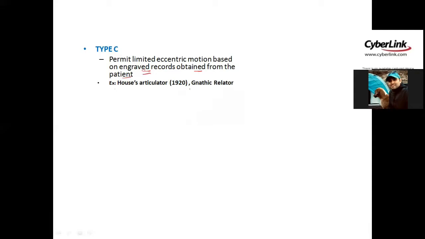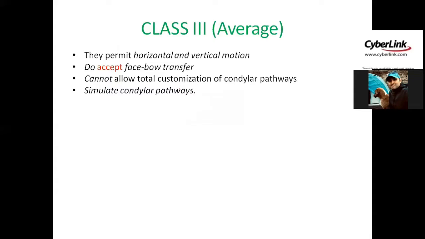Examples are House articulator and Gnathic relator. Then your type 3, these articulators permit horizontal and vertical motion. They do accept Facebow transfer, but up to a limited extent, right?